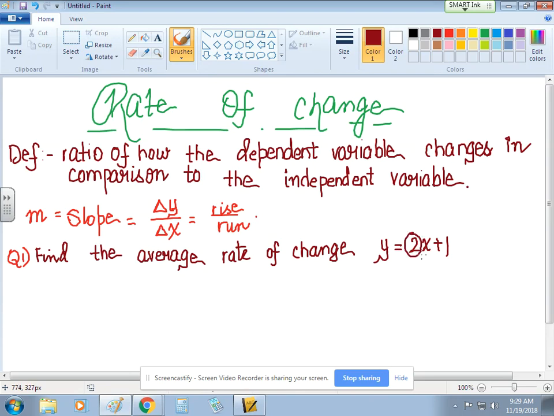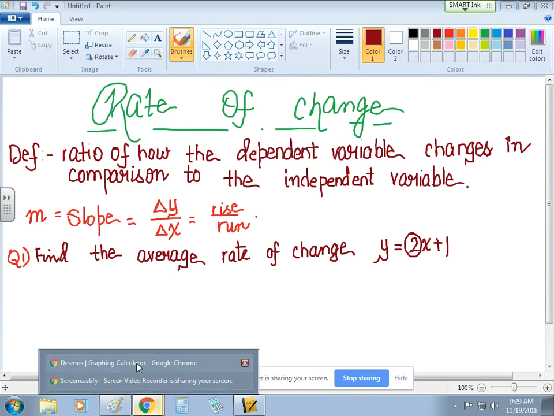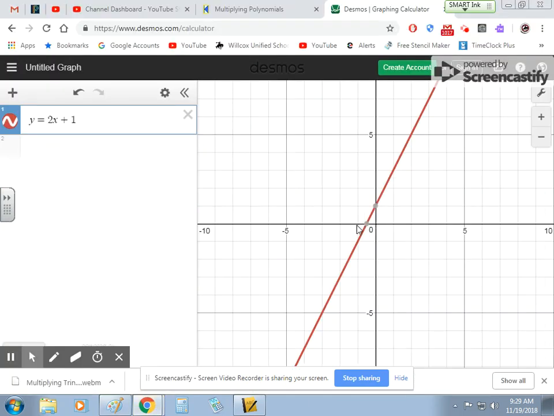So what does it mean by slope is 2? That means for every one change in x, how is y changing? It's moving 2 up. So I have it already graphed, and we can look at the graph of y equals 2x plus 1. The average rate of change is rise over run. Rise is on the y-axis, so how much I am moving on the y-axis is 2.